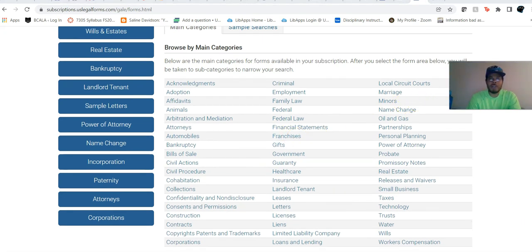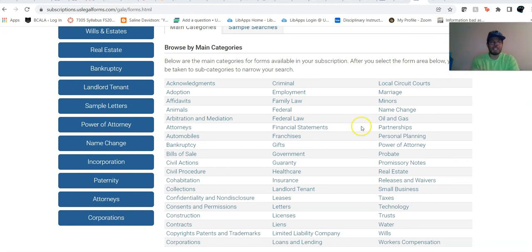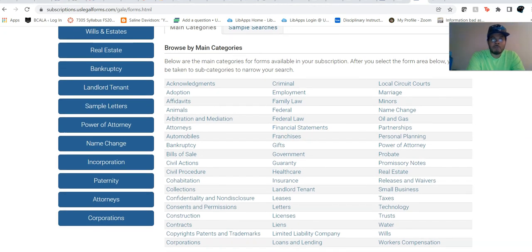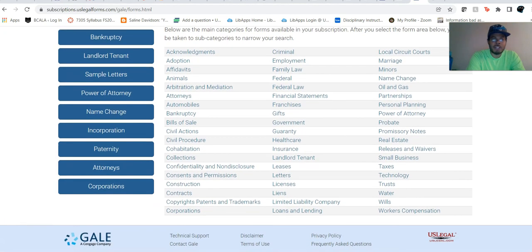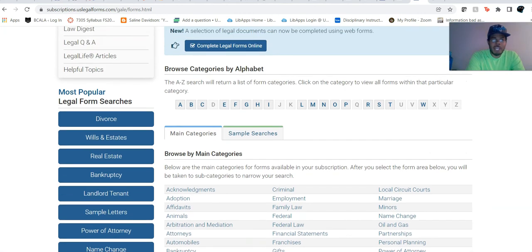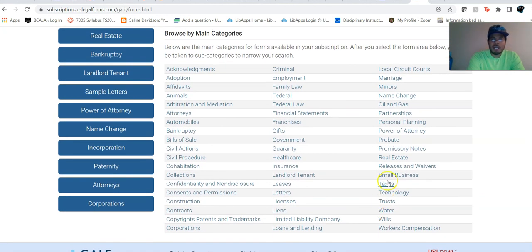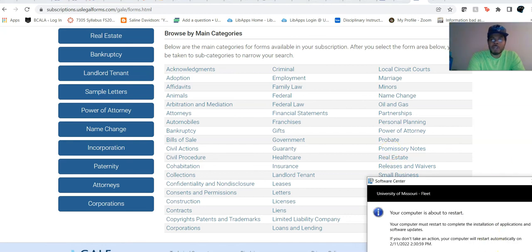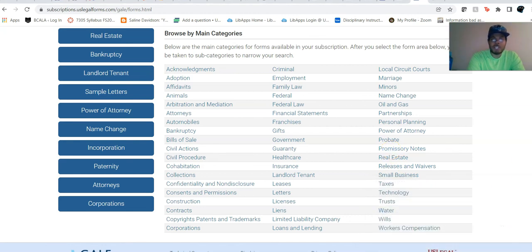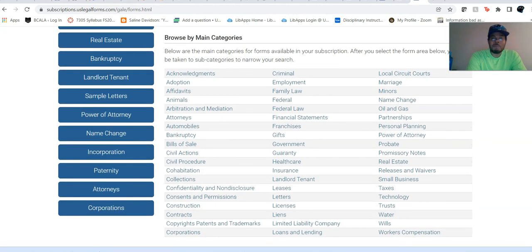I would definitely recommend that you find this database and how to access it through your public library. And if you're not in Missouri, there's probably a database for your state wherever you are located. You probably just want to familiarize yourself with what's available in this database, and then from there, be ready.